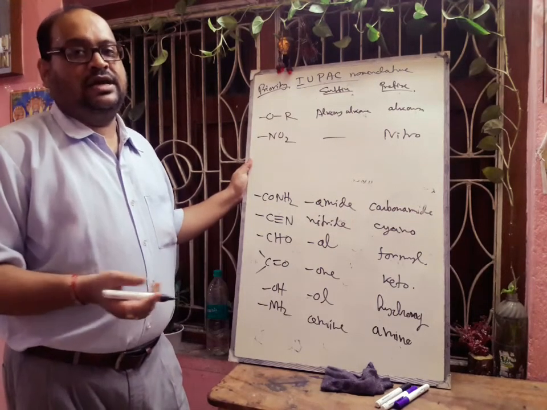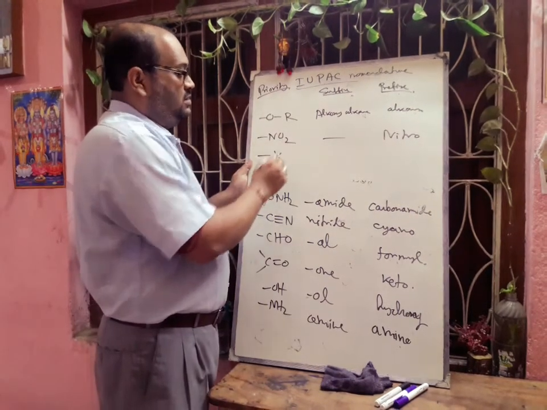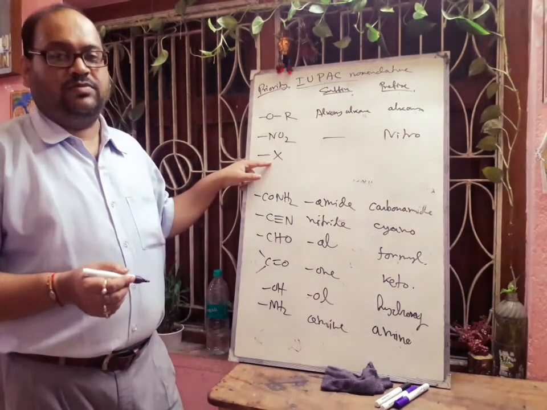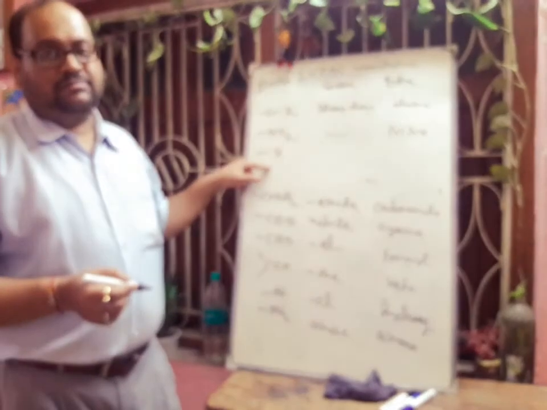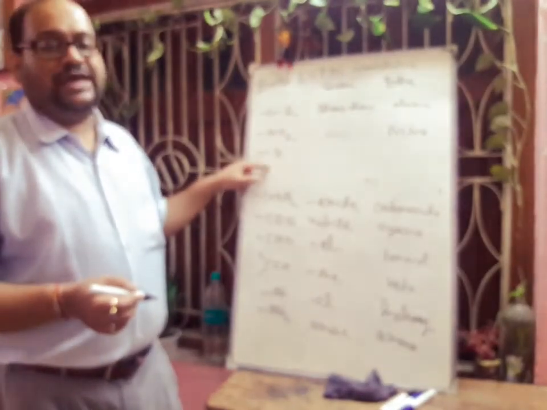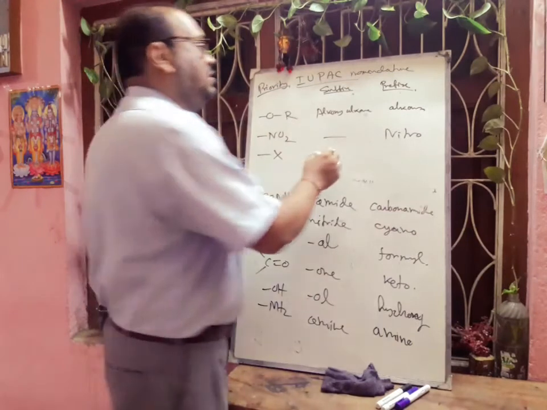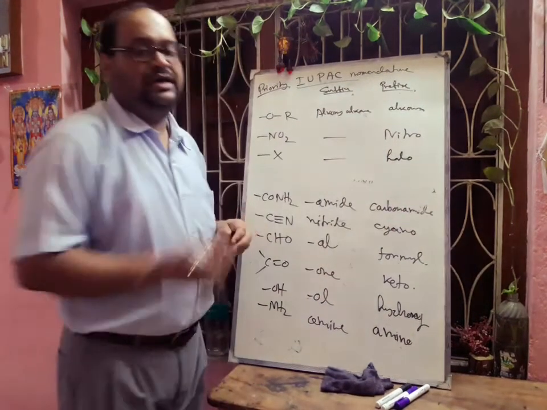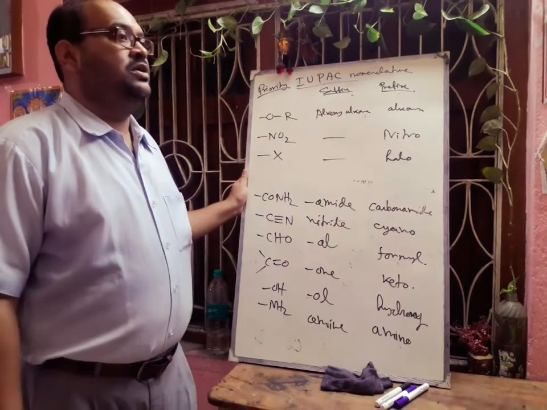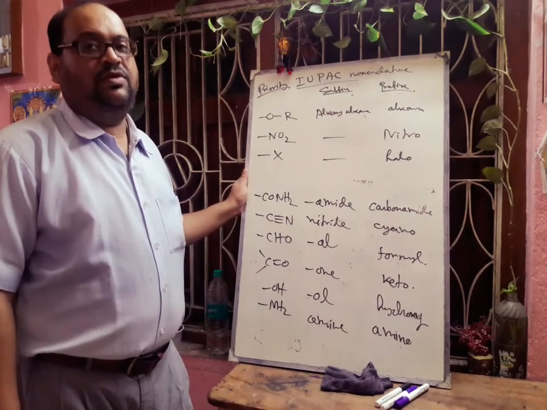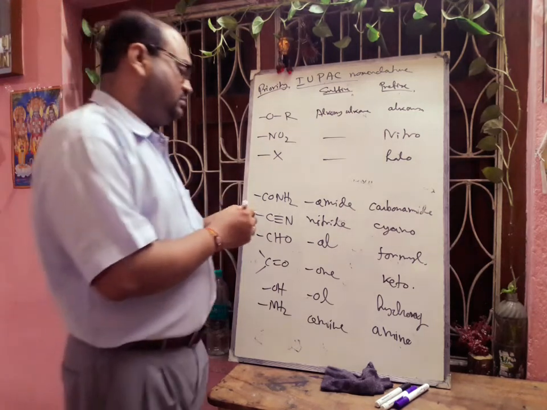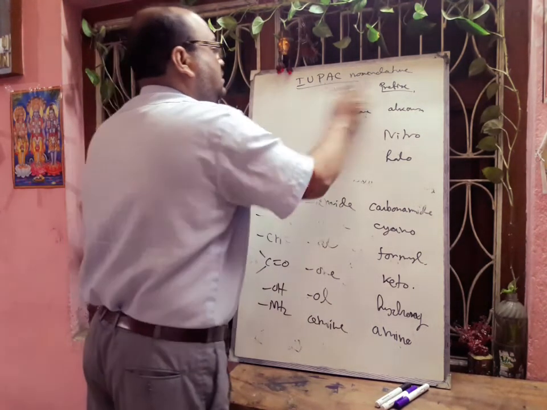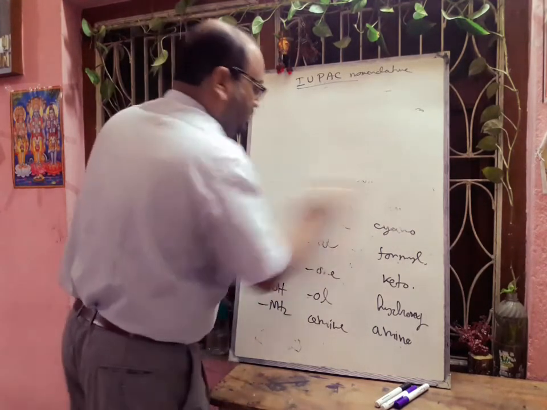Next, the position of the halogen, maybe fluoro, bromo, iodo, and regarding the preference we have to take the alphabetical preference, and here also no suffix, we add halo, like haloalkane, like chloromethane. So this priority chart of the different functional groups, you have to remember.